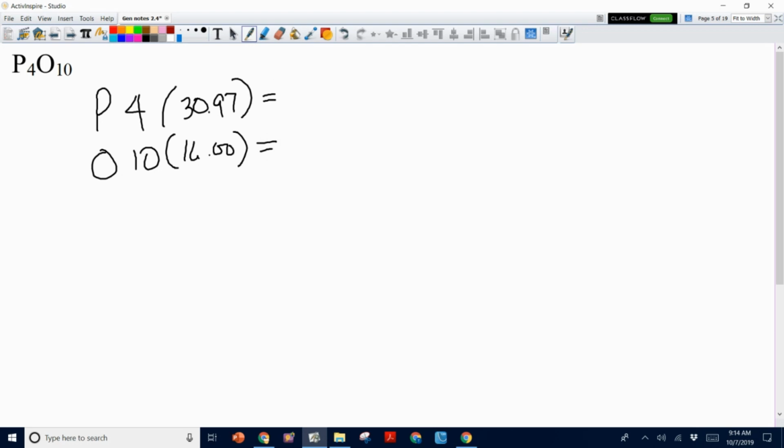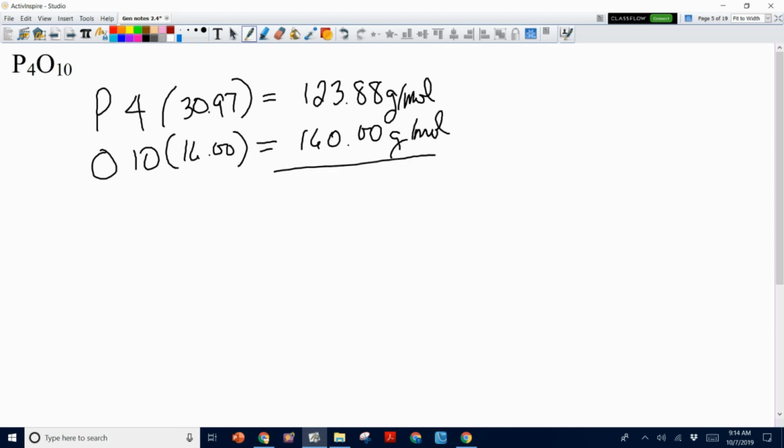So 4 times 30.97, you're going to get 123.88. That's grams per mole. 10 times 16 is 160 grams per mole. All right, so add those up, and 283.88.